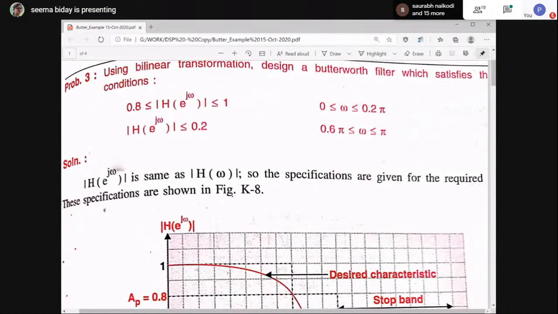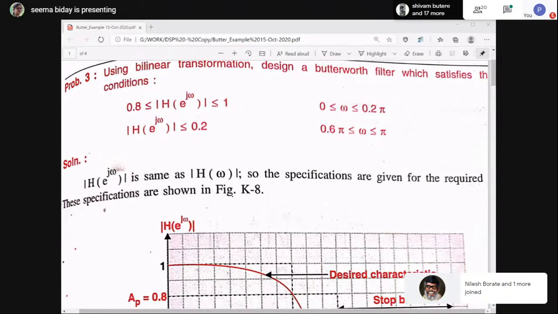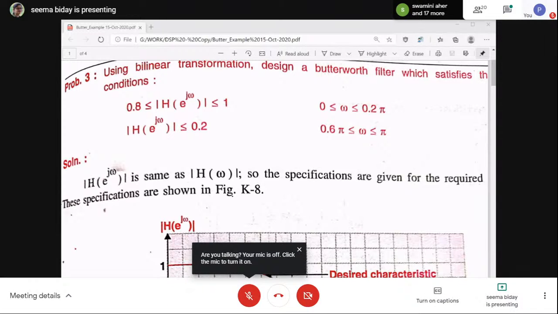Which are these specifications? Specifications are given. Tell me, specifications are of which filter, digital filter or analog filter, which are given to you? In the example, you are given specifications of the analog filter or the digital filter which is to be designed.